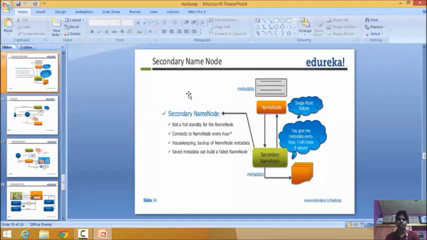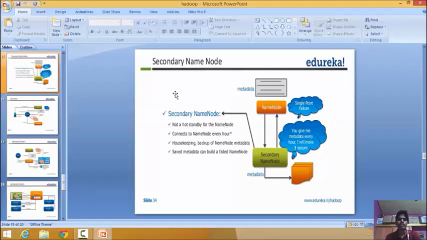Secondary name node. What is secondary name node? You may have come across the primary name node, that is the admin node. There is something called the secondary name node. What it does is back up the metadata present in the name node from time to time, because if the name node fails at some point, there will be a checkpoint from which to restart.